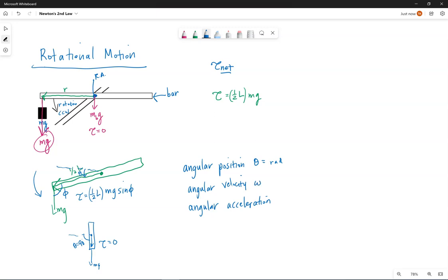Angular velocity is our omega. That's radians per second. Omega is going to be changing because the rotation rate of the bar is going to be increasing. The bar is going to be rotating faster and faster. Its rotational speed is increasing until it gets to the bottom.